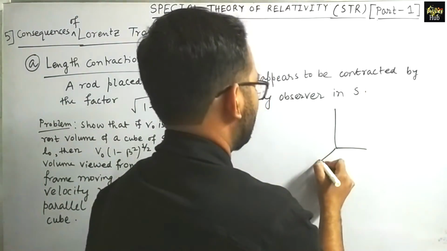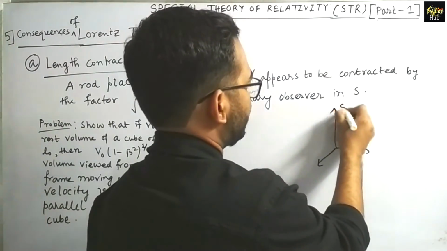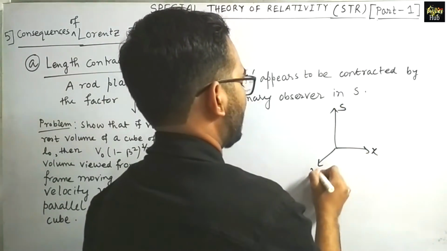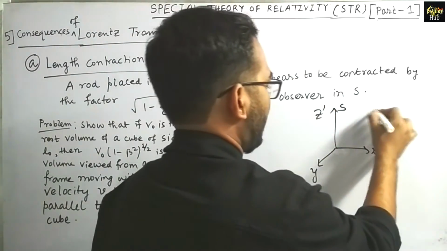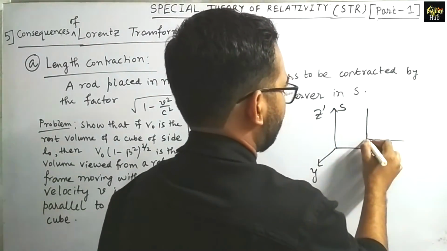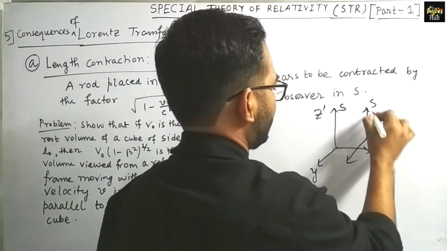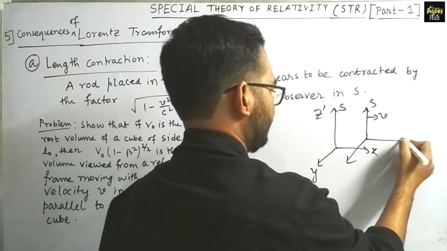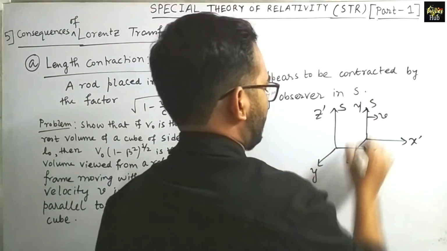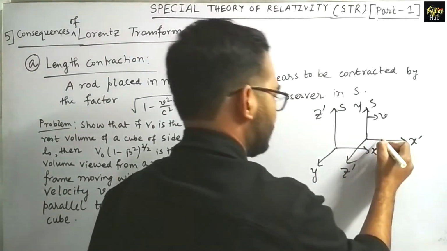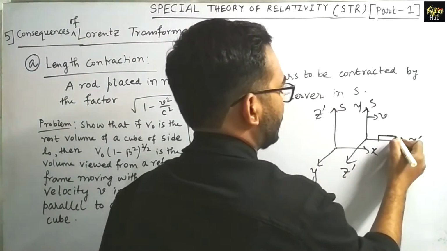We are considering an inertial frame S and another inertial frame S prime, which is moving with velocity v. Okay. Now let's consider some rod.